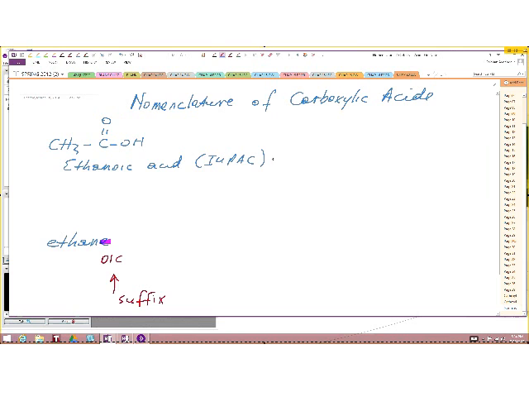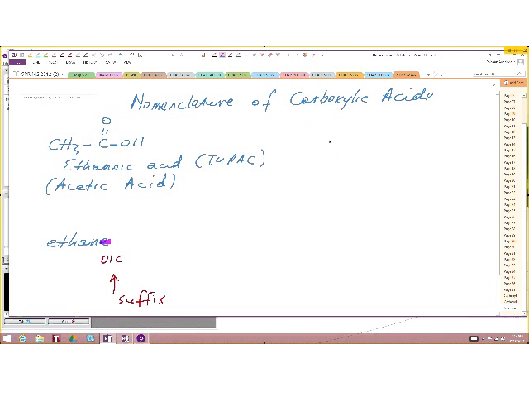However, this is such a common carboxylic acid that we very often simply use the common name, which is acetic acid. So the common name acetic acid is an accepted IUPAC name. So subsequently, if you have this molecule here, just give the name as acetic acid.